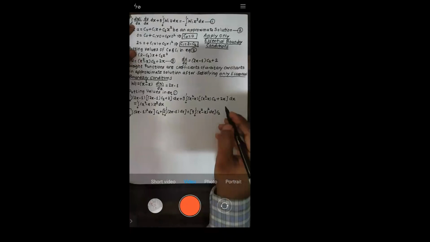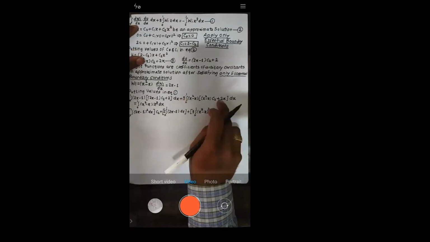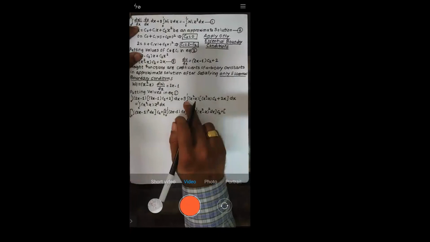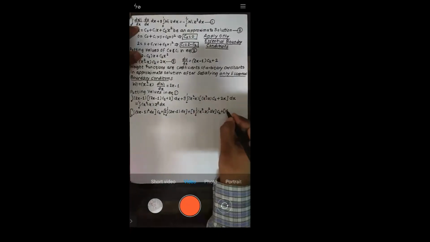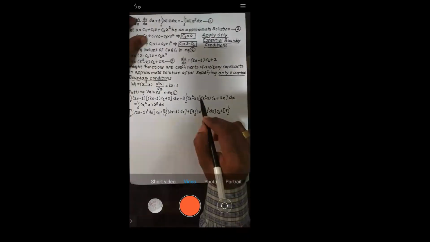Plus, see this into this again I will do, plus into bracket. What is 9 into 2? It's 18. Yes or no? 9 into 2, it's 18. Integration 0 to 1. Right? Yes or no? 9 into 2 is 18. 0 to 1.